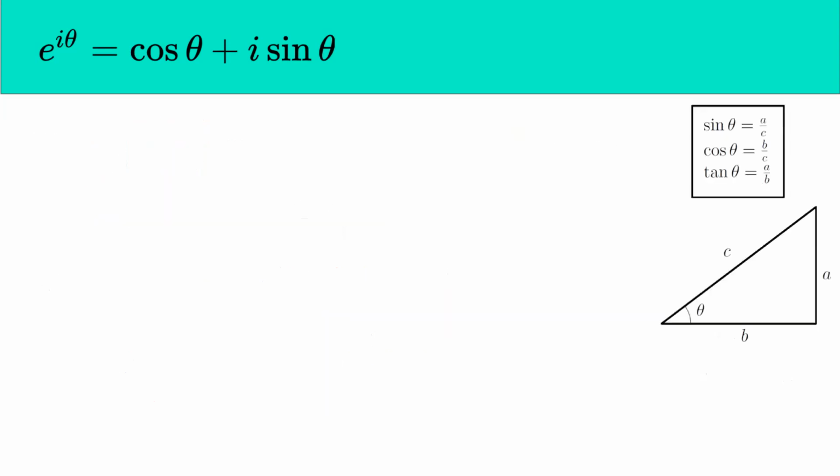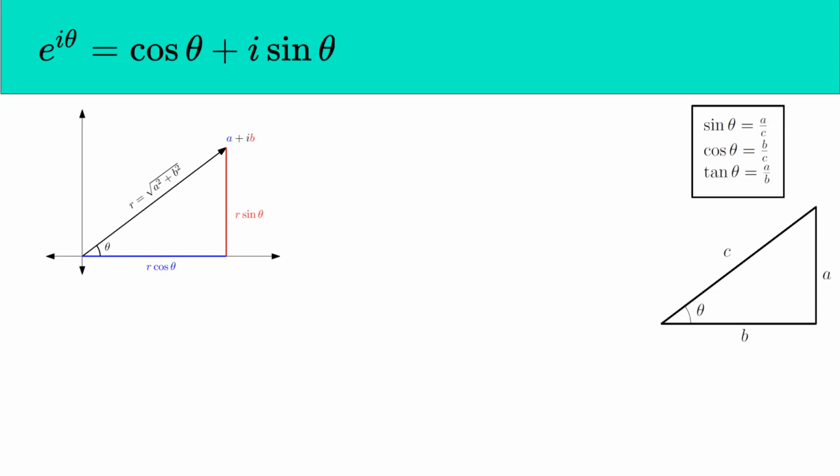Now, recall the trigonometric ratios. Sine of theta is opposite over hypotenuse, cosine of theta is adjacent over hypotenuse, and tangent of theta is opposite over adjacent. If we choose a point a plus ib in the complex plane, here the vertical axis is the imaginary axis and the horizontal axis is the real axis.